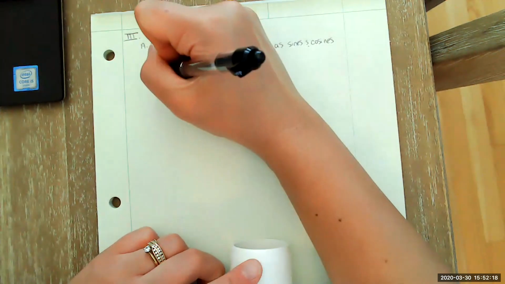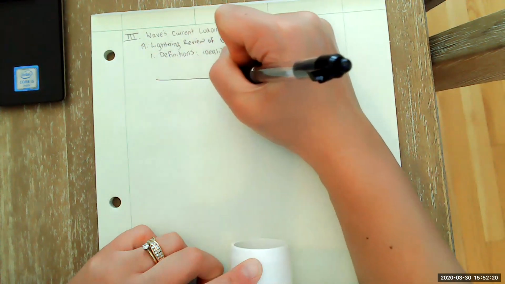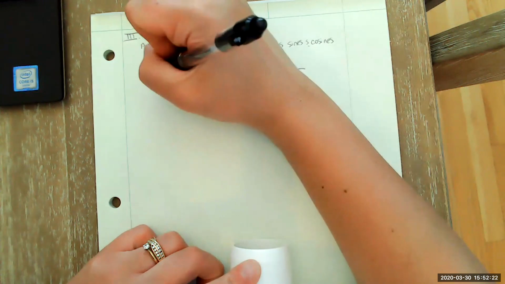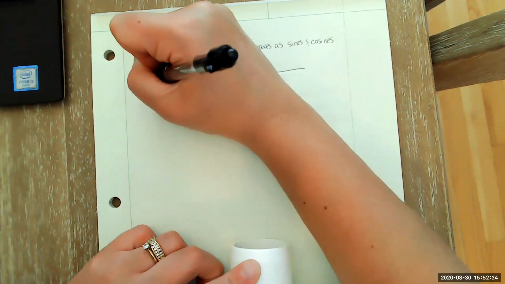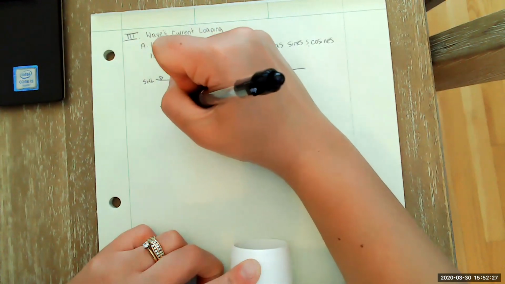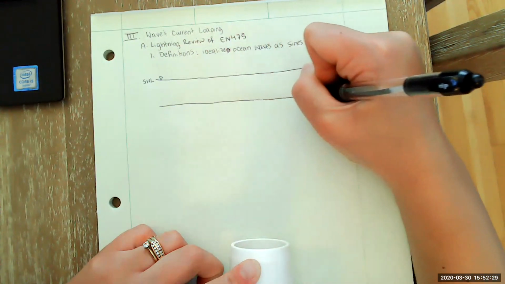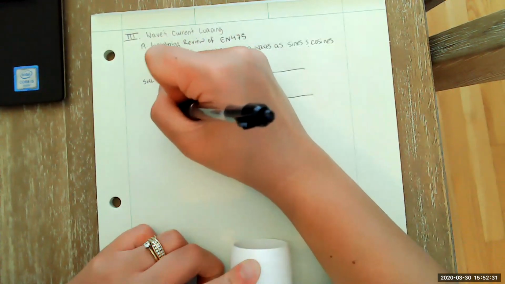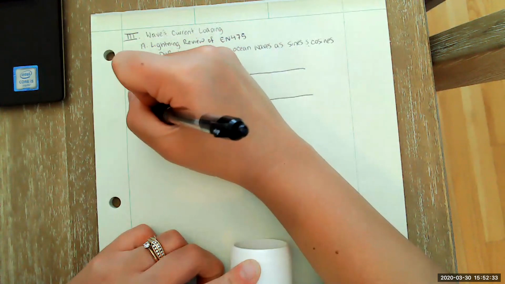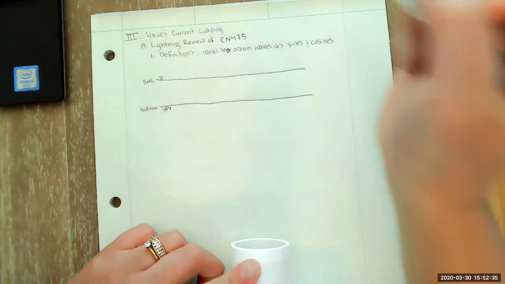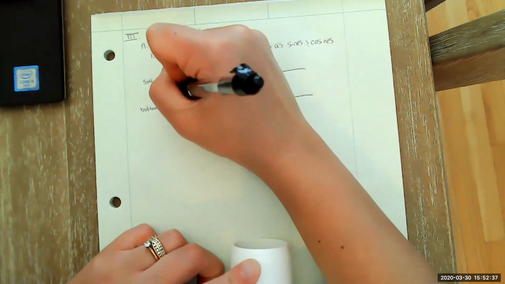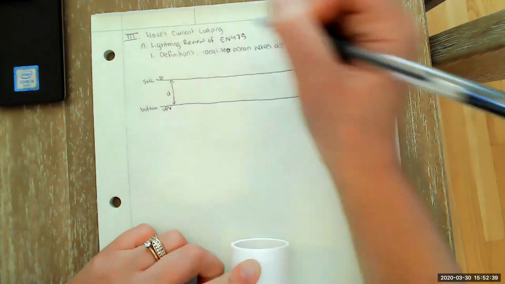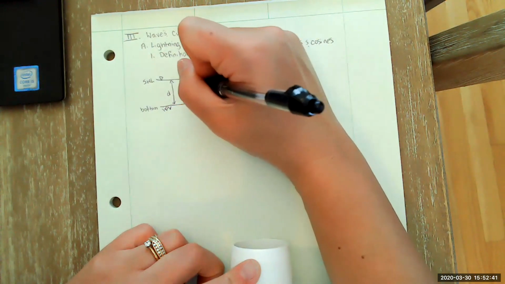And so if I draw maybe my still water level above some depth, when this is the bottom, and this is my depth D. And let's draw some waves over top.